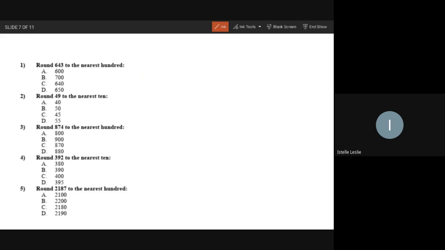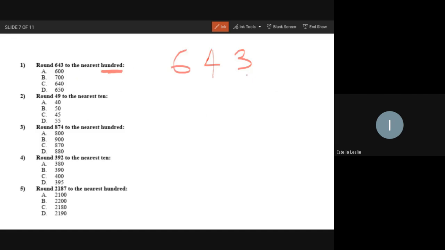Now, the next one we have, it says round 643 to the nearest 100. So like we said, the first thing to do is locate your place value. So what is the place value we want to round to? 100. What number is in the 100 position?